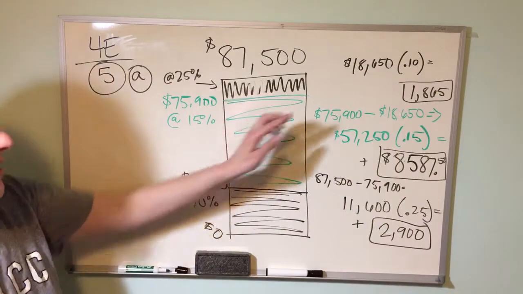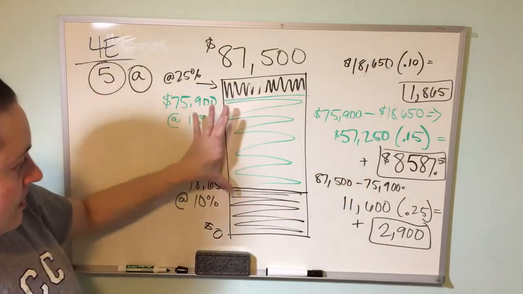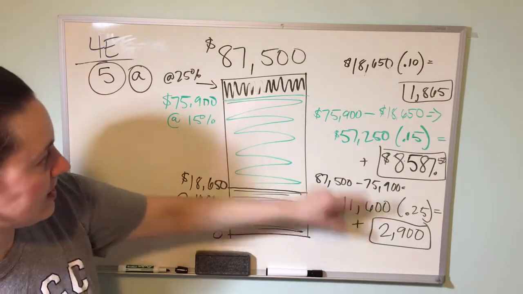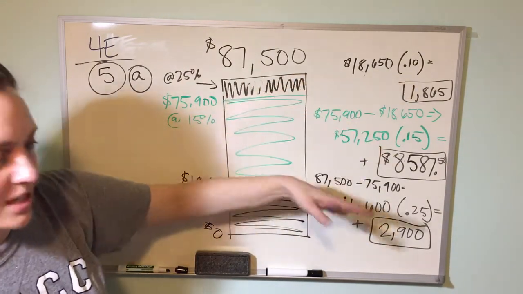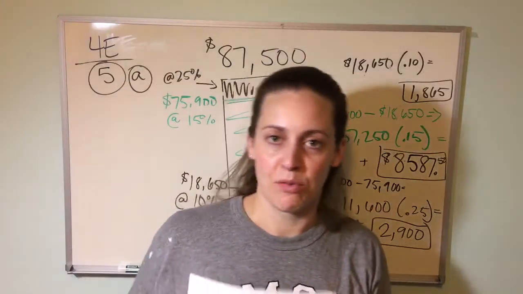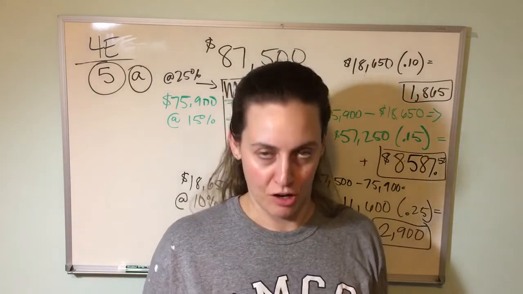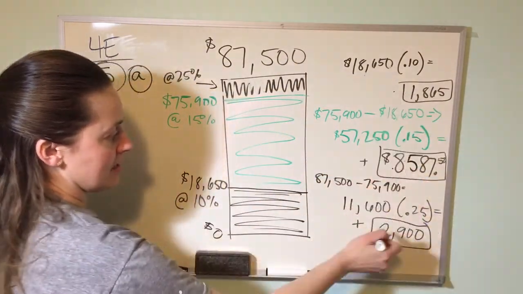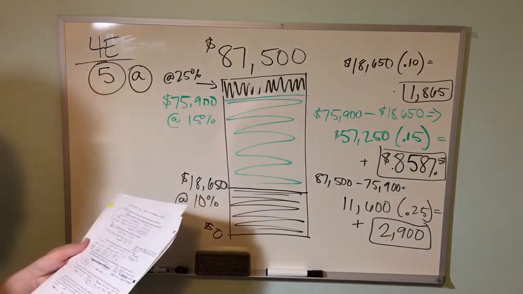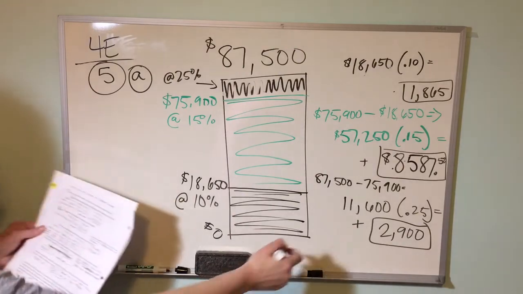Okay, so I need to pay the government this for this amount of money, this for this green chunk of money, and this for this last black chunk of money. So I need to add this, this, and this all together to come up with what we call our total tax bill. How much money do you actually owe the US government? And if you add this plus this together, you should get, I'll write it down here.